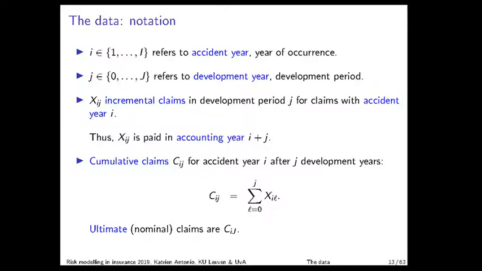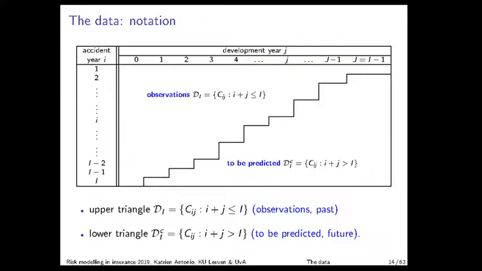In these lecture sheets, the time unit or the time period used is 1 year, but other units, of course, can be used as well, like semesters or quarters. Now, at a certain point in time, called the evaluation moment, the data in the upper triangle are observed, whereas the lower triangle in this display has to be predicted. Here, the evaluation moment is the end of the most recent accident year, so that's the end, in this case, of accident year capital I.